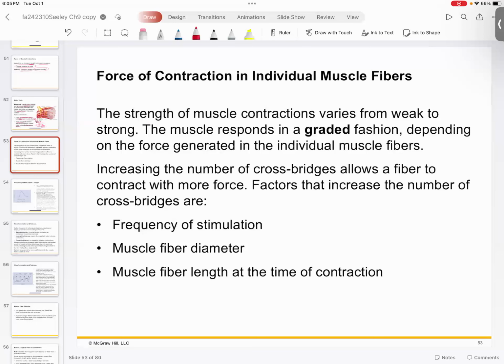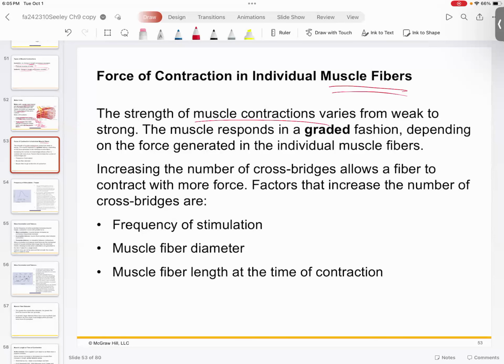Okay, so ultimately, when you're taking a look at the force of contraction, like for instance, in an individual muscle fiber, then we have to break them down to the actual myofibril point, right? So this kind of gets to the strength of the muscle contraction for the workout warriors. This is one that really always interests them, right?